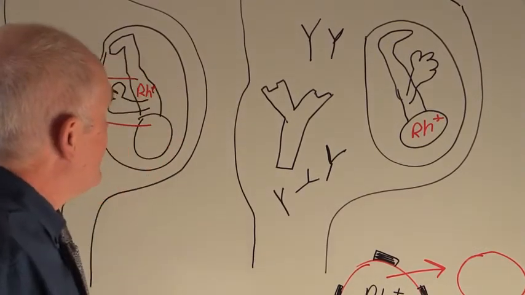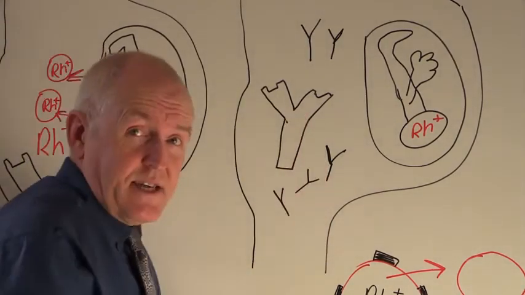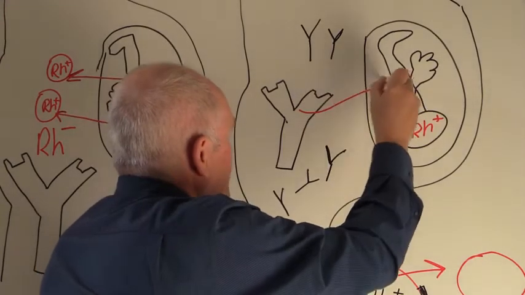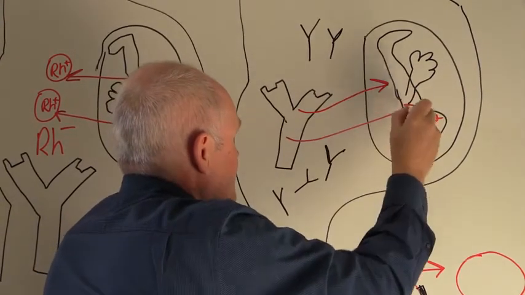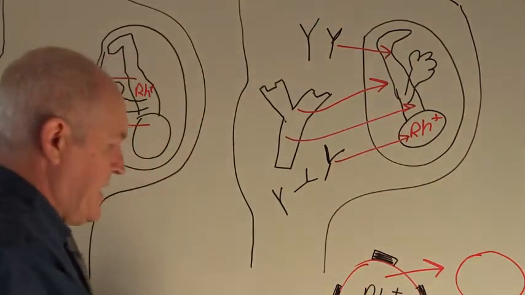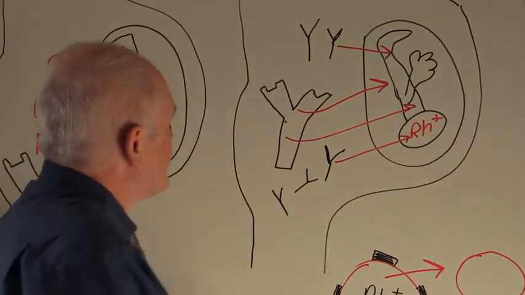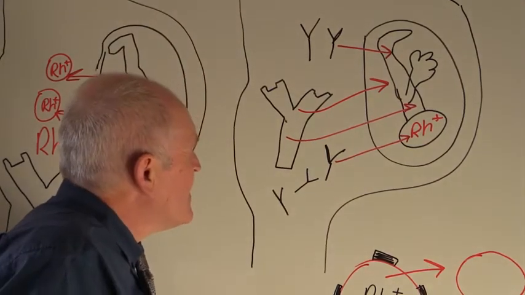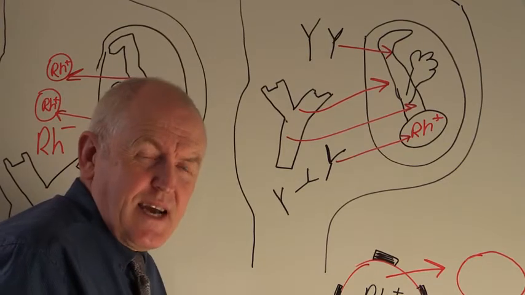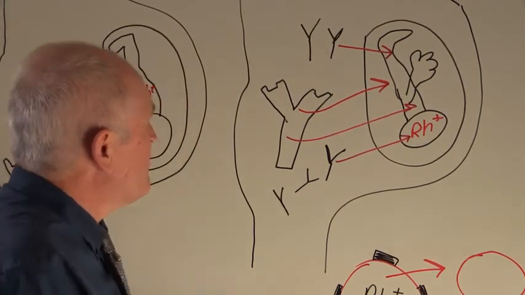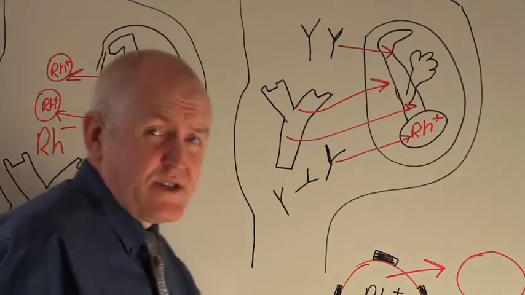But the downside when we have the rhesus factor antibodies is that they can migrate into the baby's circulation. And what will happen here is that these rhesus factor antibodies will start to agglutinate and hemolyze the fetal red cells. So the baby will develop hemolysis.